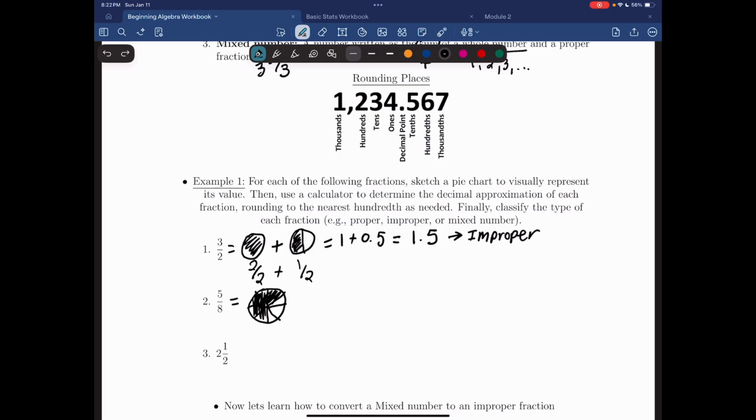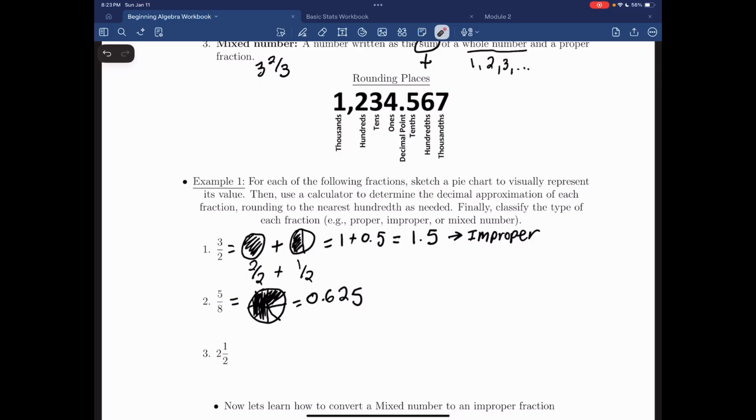Now, using a calculator, this equals 0.625. But looking at the directions, we need to round to the nearest hundredth as needed, and we have a third decimal place, which is the thousandths place.